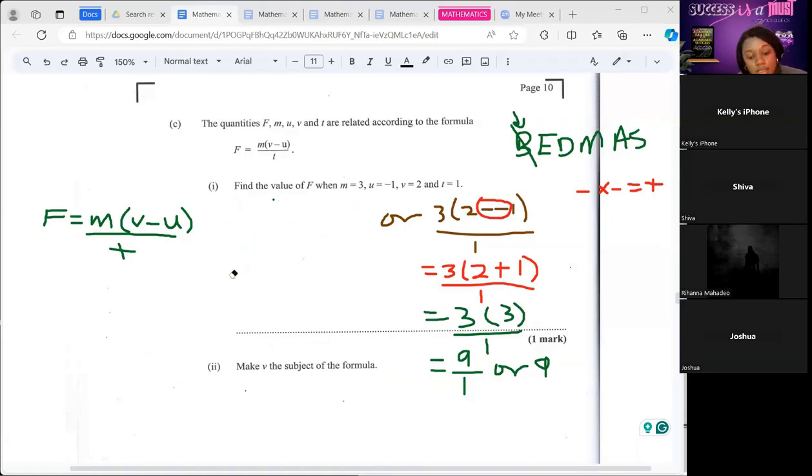Can somebody tell me? Transpose. Correct. So you transpose. So in order to get V by itself, what do you move first?